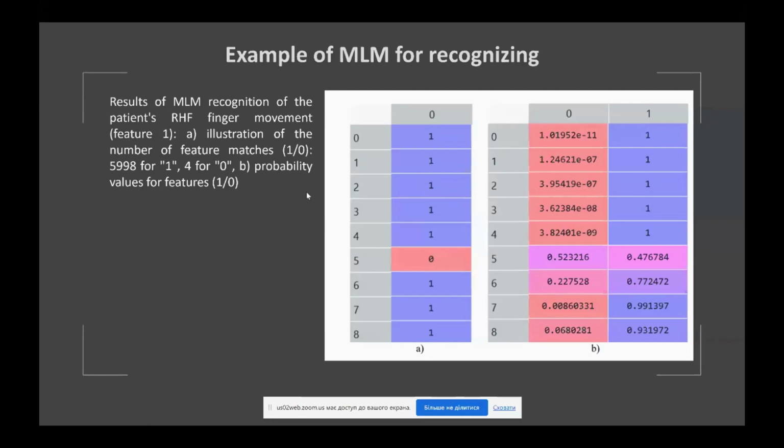It's about 5,998 for 1 and 4 for null. Possible values for features we can see in picture B.